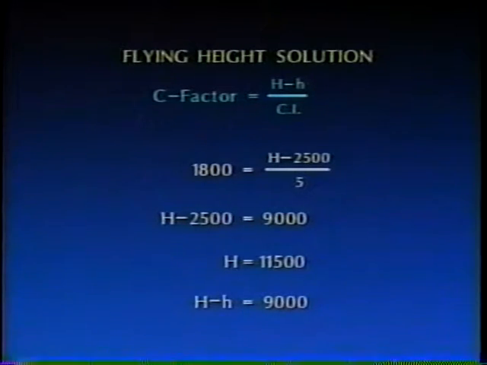When we insert the given numbers, we have 1,800 equals H minus 2,500 over 5, or solving for H minus 2,500 equals 9,000, or H equals 11,500 feet. Then H minus small h equals 9,000 feet. Now we know the answer to 1B, H, is 11,500 feet.